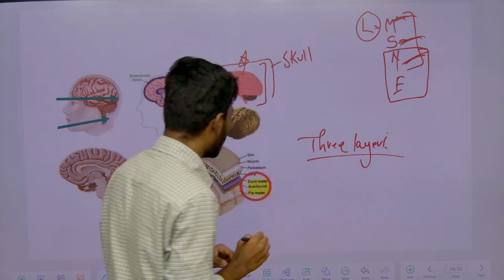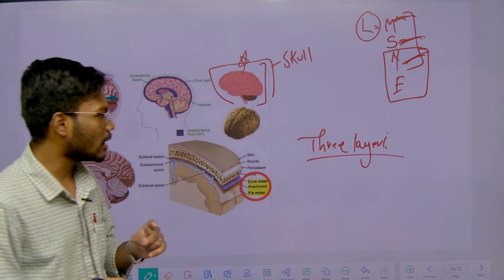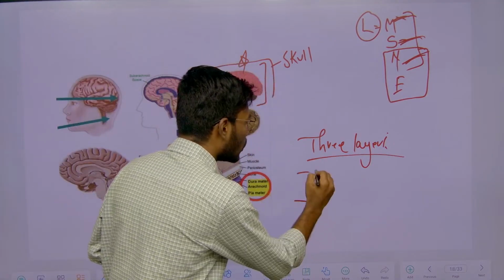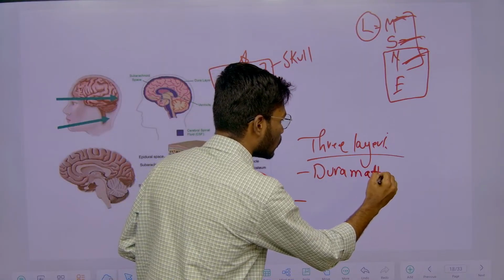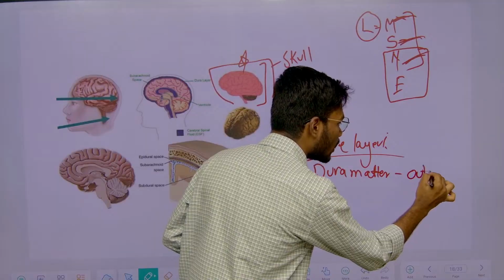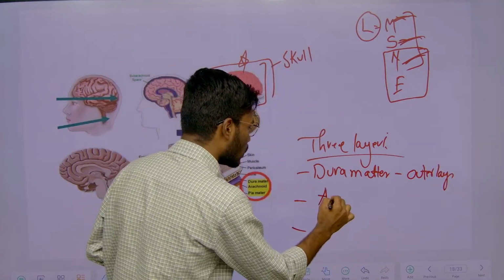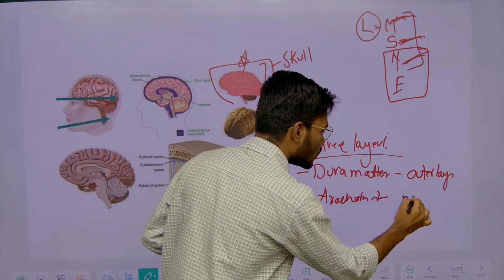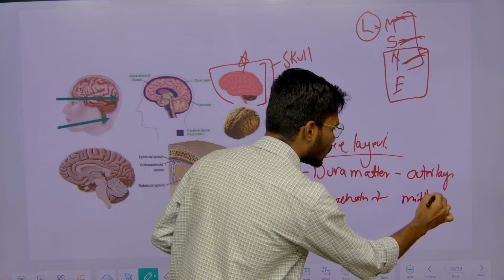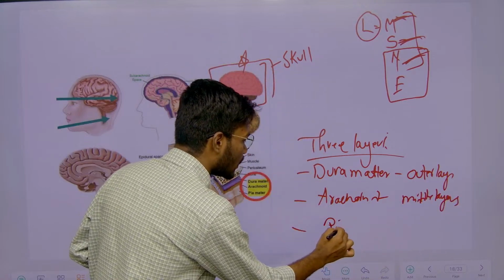These three layers are called cranial meninges, right? So there are three layers. One is the dura mater. This is the outer layer, right? Another one is the arachnoid mater. This is the middle layer. Another one is the pia mater.